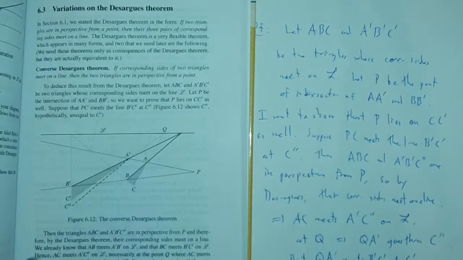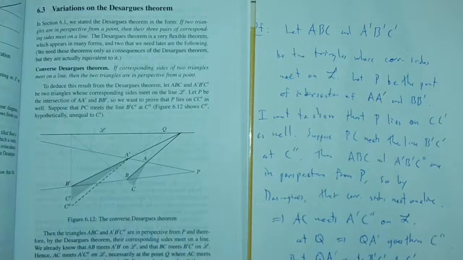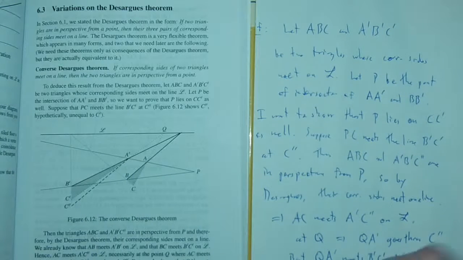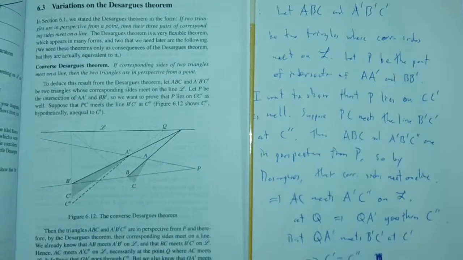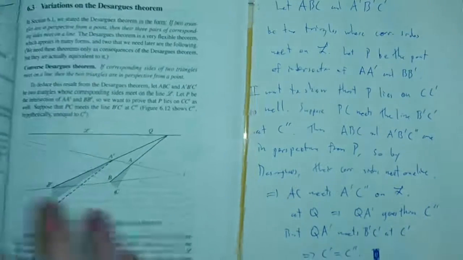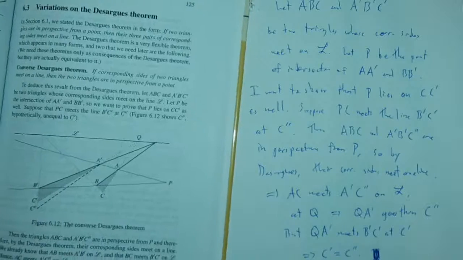Right, that's literally how this is defined. Thus, C prime is equal to C double prime. And that's it. So these triangles were actually in perspective from P as required.